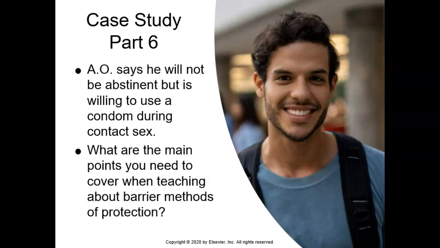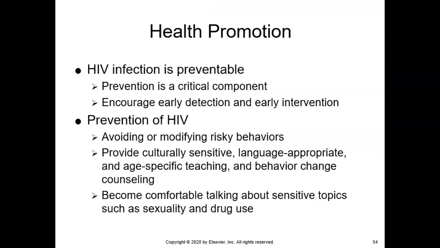So what are some things that we can talk about for HIV, right? Health promotion. HIV infection is preventable. Prevention is the critical component. And if the person is not able to prevent it, we can do other things. We can help, right? Modifying, we can at least decrease the prevention or decrease the spread.